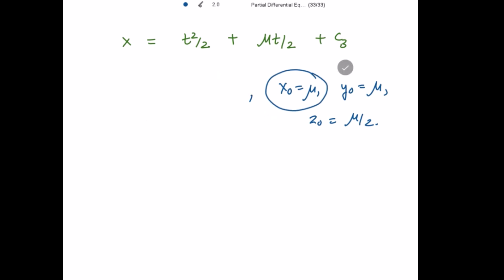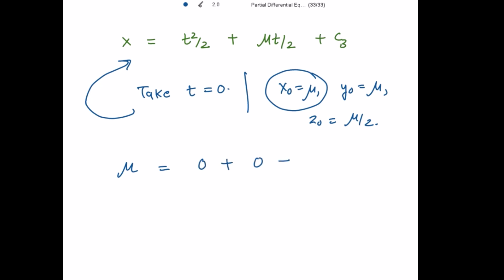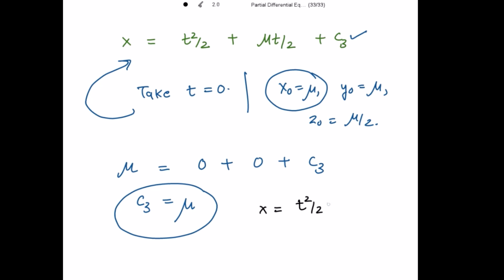And with this, we have to take our t to be equal to 0. So applying these conditions over here, we get mu equal to 0 plus c3, and we get c3 to be equal to mu again. And now let's put the value of constant c3 to be mu over here. So we get x equal to t square divided by 2 plus mu t divided by 2 plus mu.